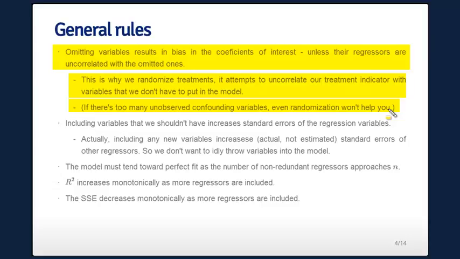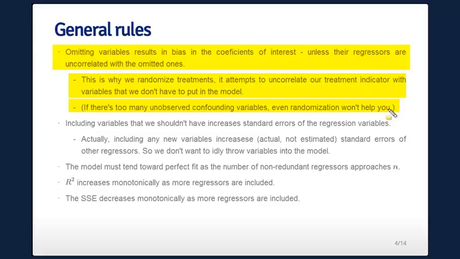And because they're unknown, you don't know how many there are. But randomization is probably the best strategy around for trying to balance unknown confounders.